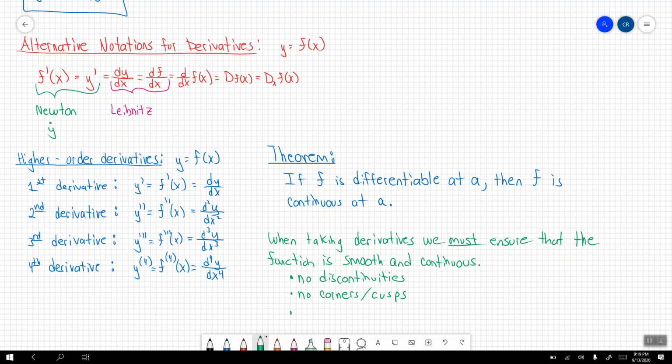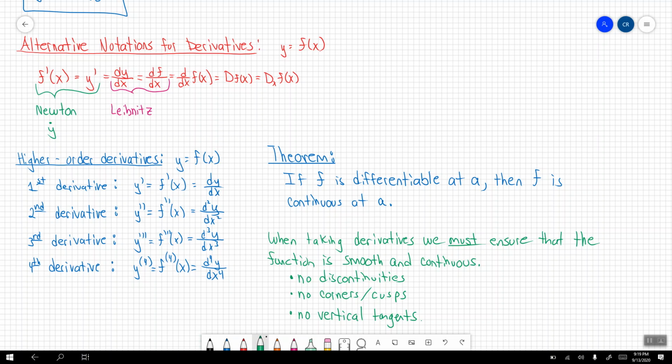And then lastly, no vertical tangents. So if we do this, again, we have to make sure that our function is not only smooth and continuous, but we must also make sure that all of these items are being satisfied. Again, no discontinuities, no corners or cusps, no vertical tangents.